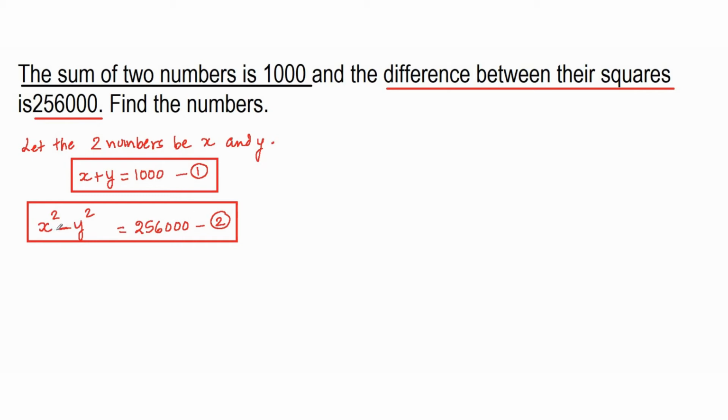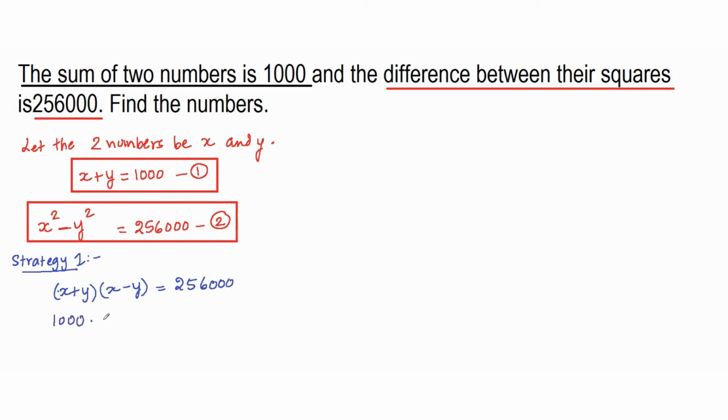What comes to my mind is, first I can write x square minus y square. So the strategy 1 would be, I am going to write x square minus y square as x plus y multiplied by x minus y, which equals 256,000. So it's given that x plus y is 1000.